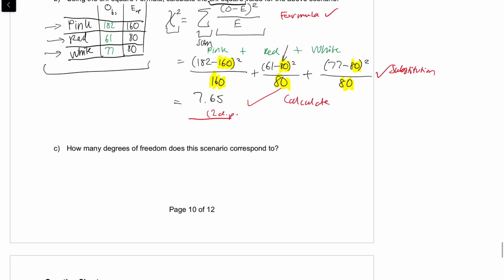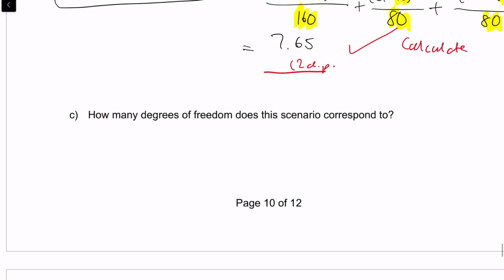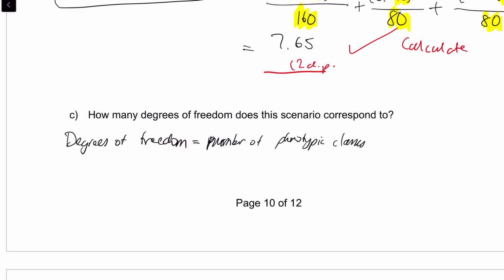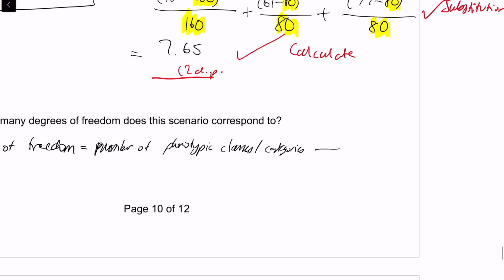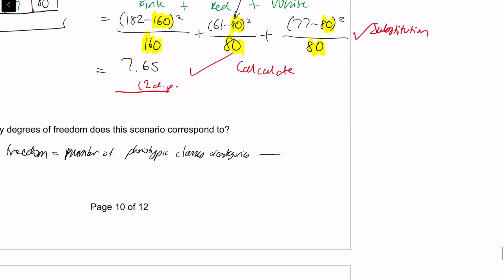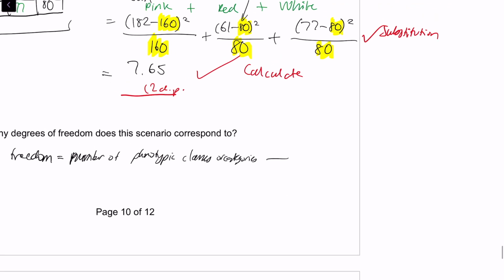Okay, how many degrees of freedom does this scenario correspond to? So we have a formula, it's very easy to remember. Basically, the degrees of freedom equal the number of phenotypic classes or categories, minus 1. I won't put a slash there because it might seem like a fraction, but it's not.